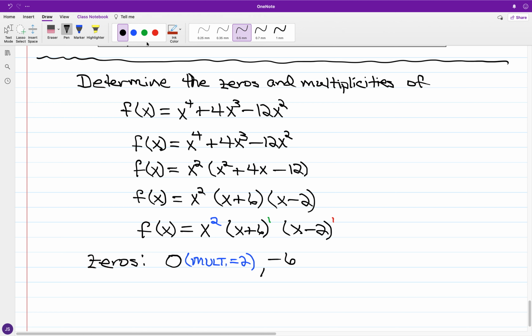And x plus 6 is raised to the first, so that is going to have a multiplicity of 1. And with x minus 2, we have x is equal to 2, another 0, and x minus 2 is only first degree, so that multiplicity is equal to 1.